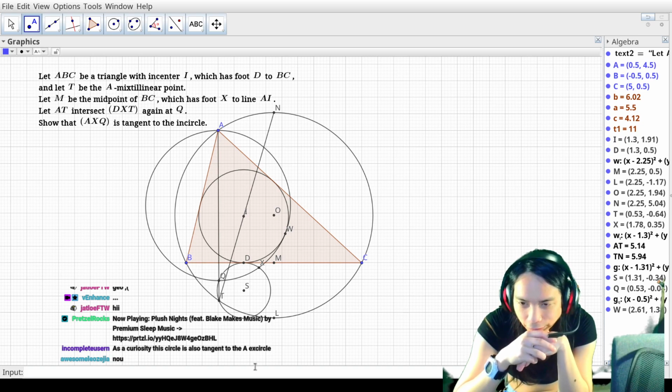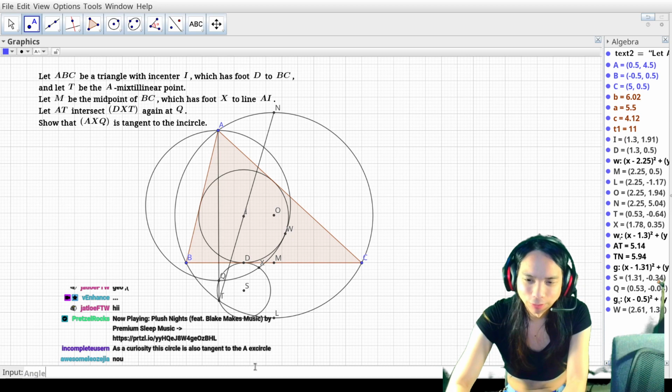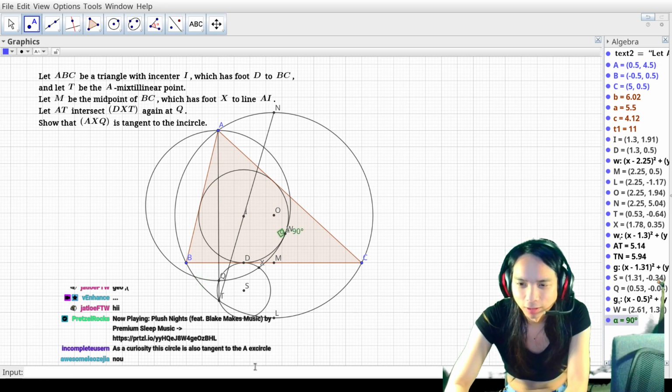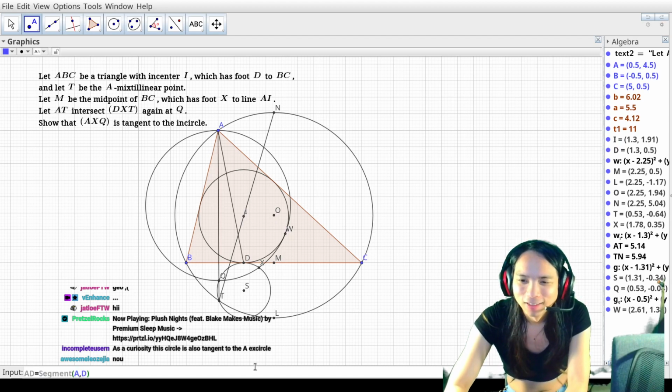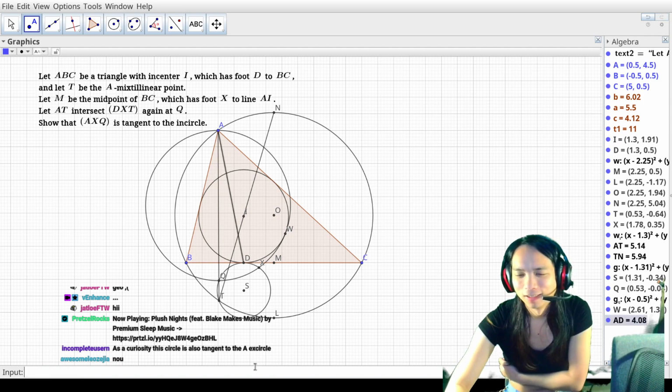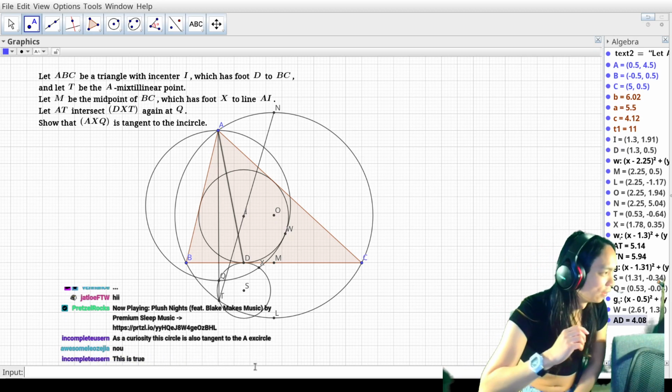I feel like I've seen that exact point, that physical point, in this picture. Is that the A-Mixtilinear touch point? Yeah, it's that one. Okay. Yeah. I got it. Nice.